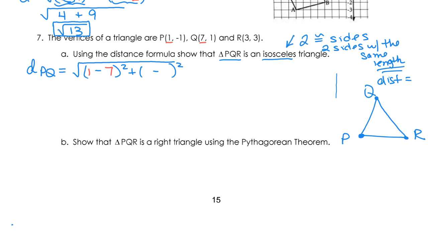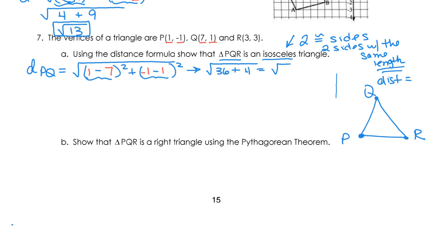And Q, our Y's are -1 and 1. All right, so we're going to go ahead and clean this up. And I'm just going to go straight across here, I think, just so I have room to do 2 more sides here. All right, so 1 minus 7 here, guys, is -6, and -6 squared is 36. -1 minus 1 is -2, and -2 squared is 4.